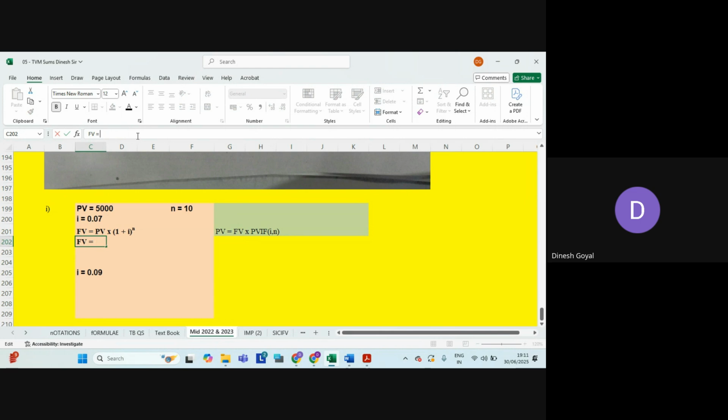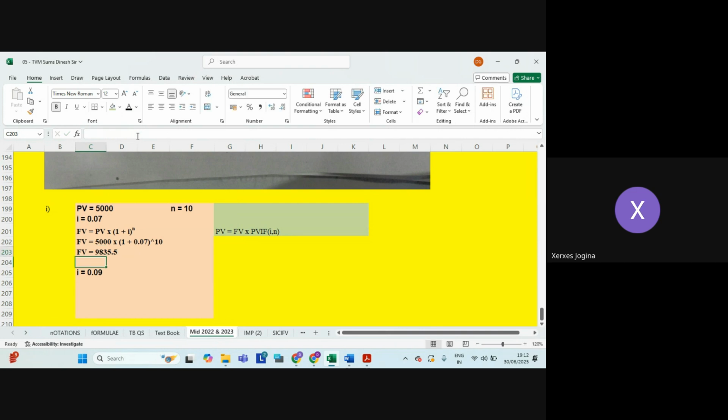So what you will do is 5,000 into 1 plus 0.07 and then raised to 10. And you have to solve this. So you will get the future value. The first 7% answer is 9835.5.